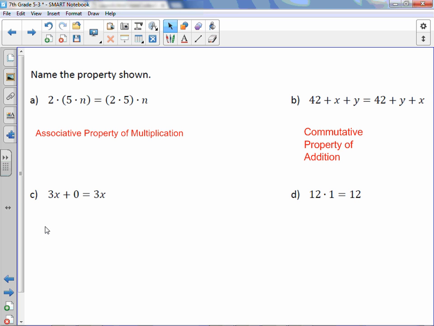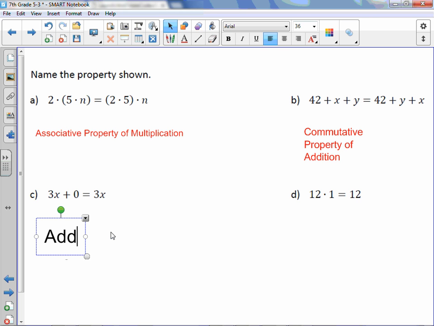Letter C, 3x plus 0 equals 3x. What you put in, you get out. This is called the additive identity, because you are adding, and it's an identity.